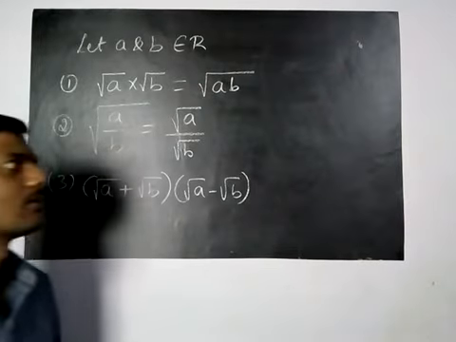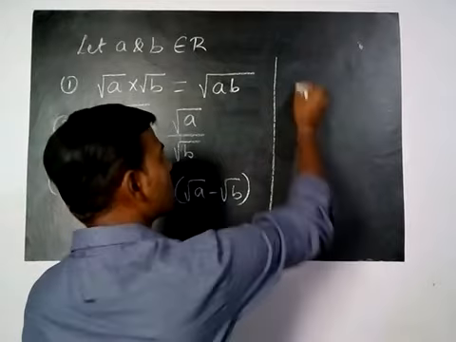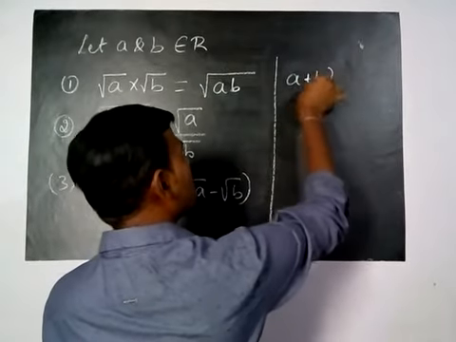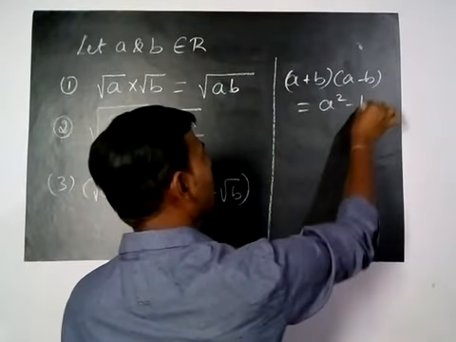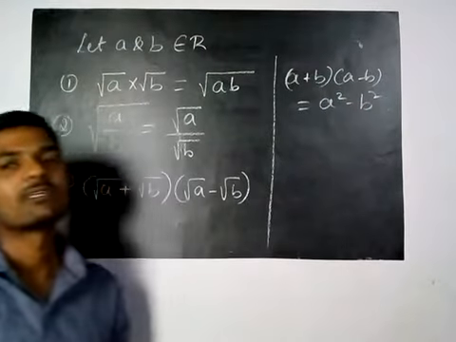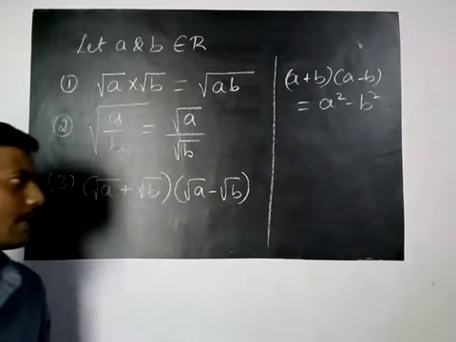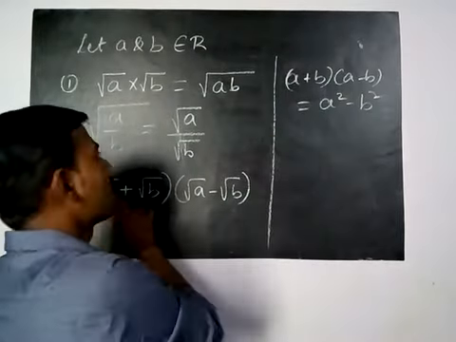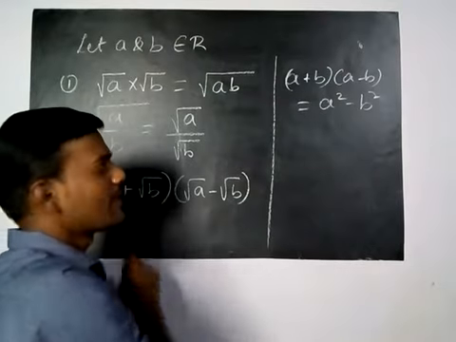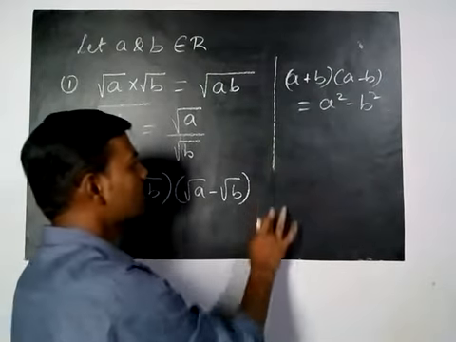What is the formula of a plus b into a minus b? It is a square minus b square. So here, in the place of a, square root a, and in the place of b, square root b. Now, what would be the result?